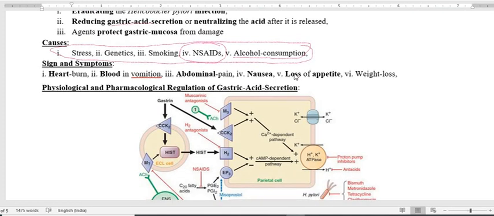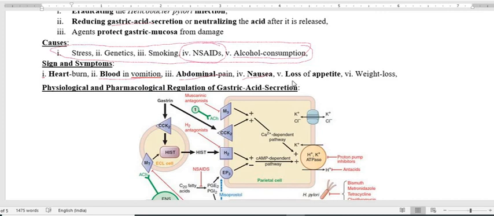And once the patient is going through peptic ulcer disease or acidity, the patient is going to feel symptoms. If there is more acid, then it may produce ulcer, and therefore you may find blood in the vomit. When there is more acid, it produces abdominal discomfort, so abdominal pain is there. With more acid or peptic ulcer, it is going to produce nausea.